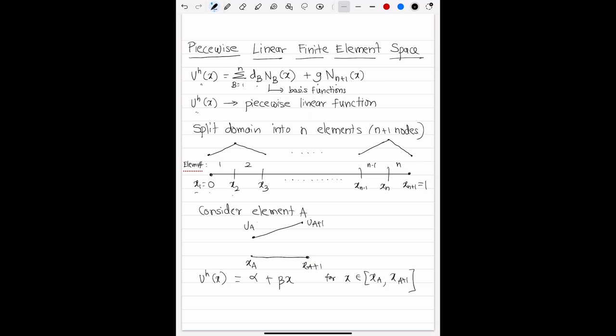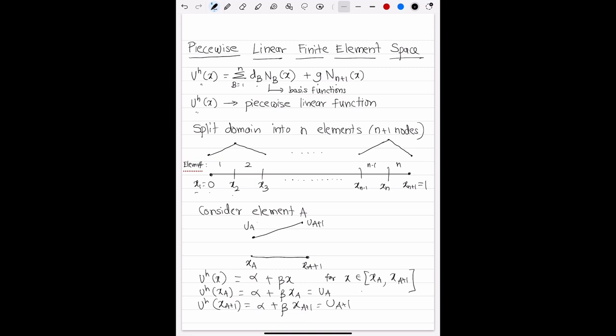Now how do we determine what these constants alpha and beta are? We know that at x_A, the value of the solution is assumed to be u_A. So u_h evaluated at x equal to x_A, which is equal to alpha plus beta times x_A, is equal to u_A, whereas u_h evaluated at x equal to x_{A+1}, which is equal to alpha plus beta times x_{A+1}, is equal to u_{A+1}.